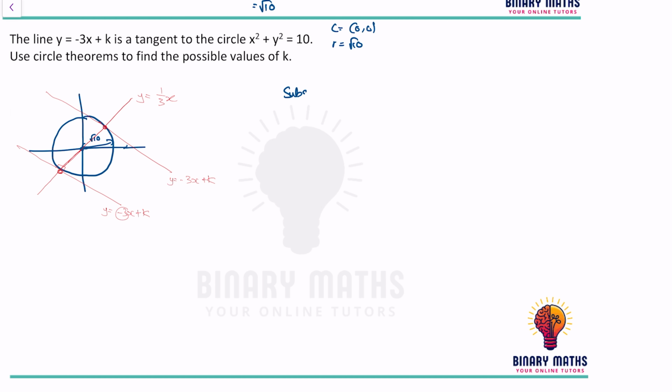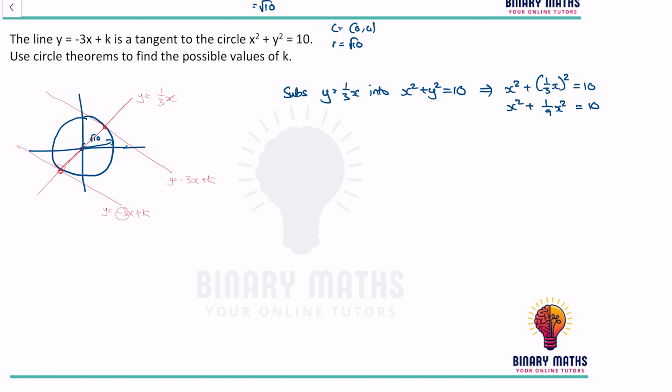So substitute y = (1/3)x into the equation of the circle, which is x² + y² = 10, which implies I get x² + ((1/3)x)² = 10, which means I get x² + (1/9)x² = 10.